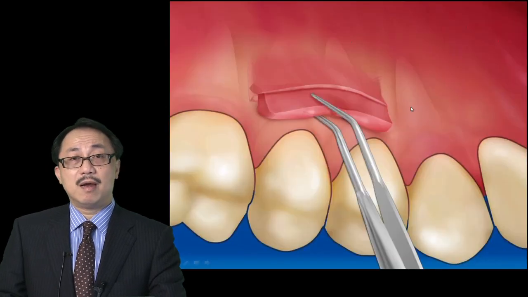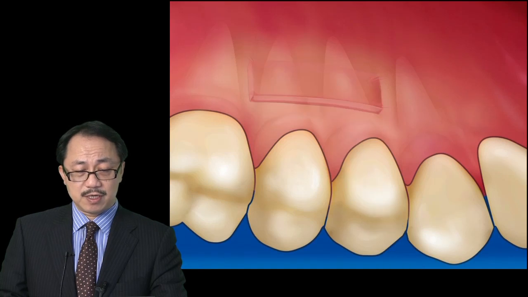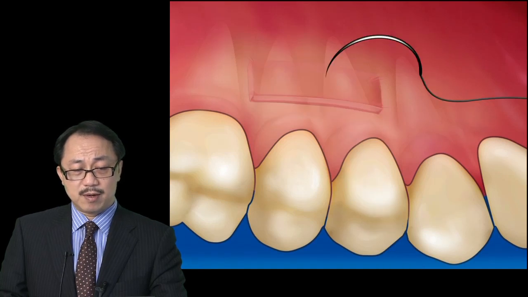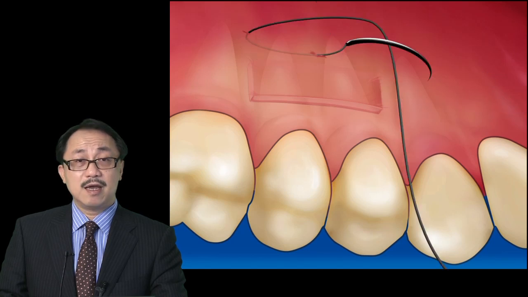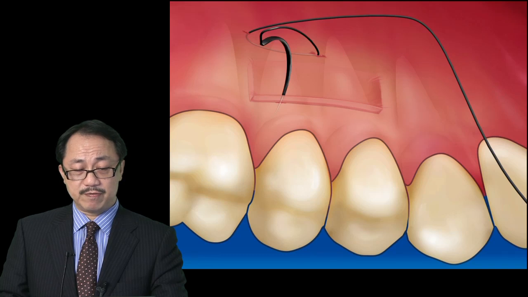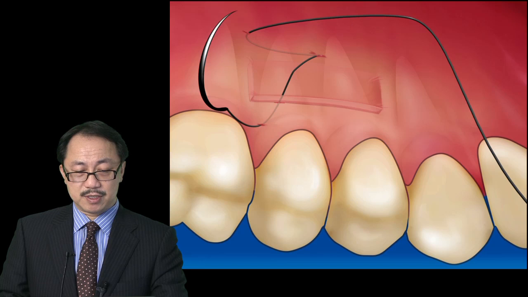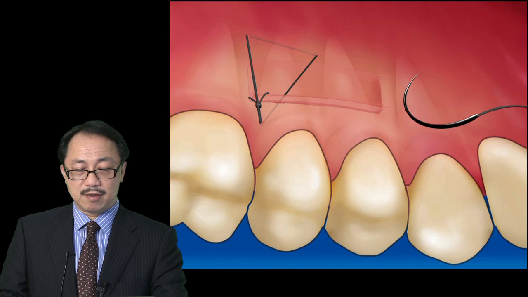So, under the suggestion of Dr. Sascha Jovanovic, this is the better way of securing the covering flap, by making the horizontal incision and coming through the periosteum of the interdental area, making a vertical mattress and a horizontal combination mattress to secure this particular covering flap.